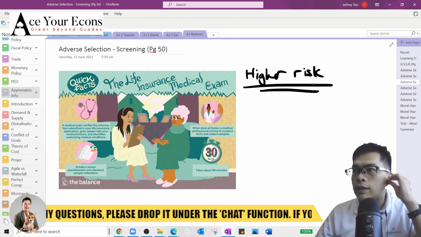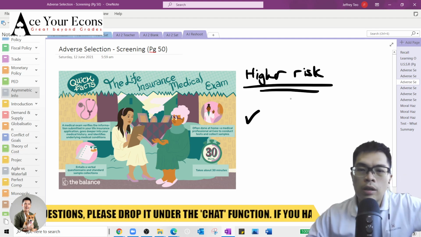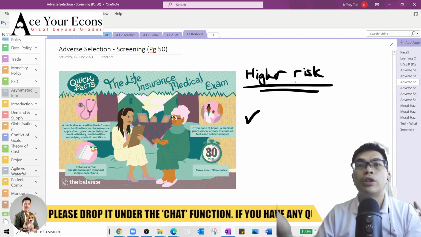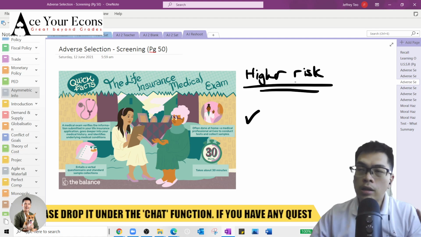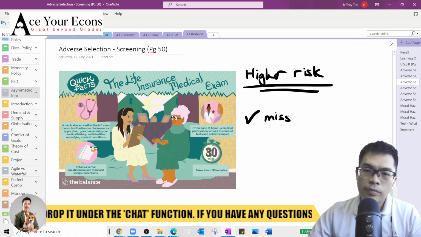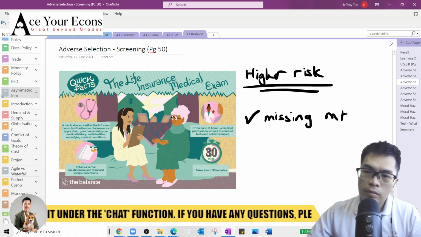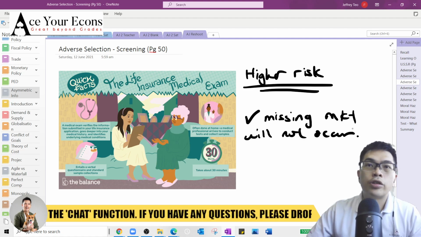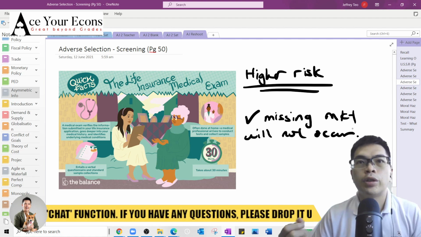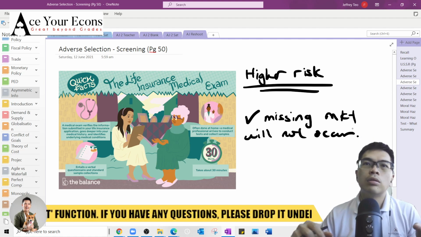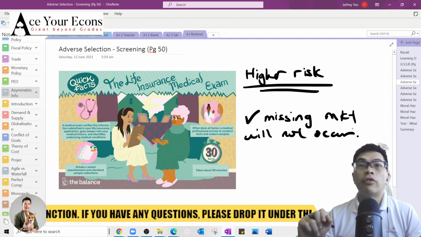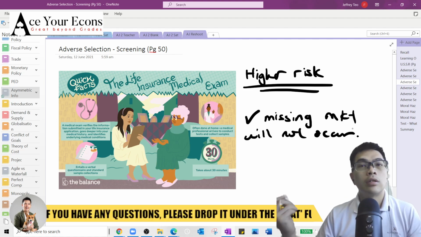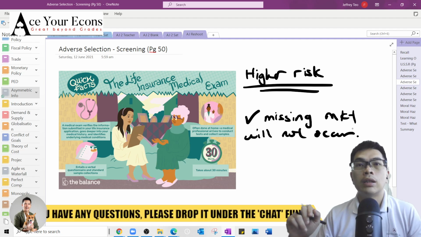So you can see that in this case, when we can equalize the info through a proper screening exam, then the missing market will not occur. And insurers are going to be more rest assured to provide the good, with peace of mind. If you're higher risk, then you pay more. If not, your illness won't be covered.